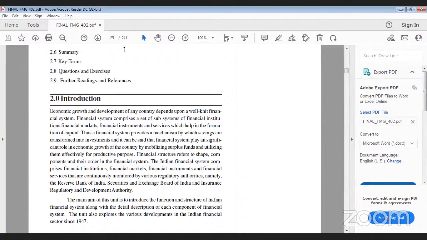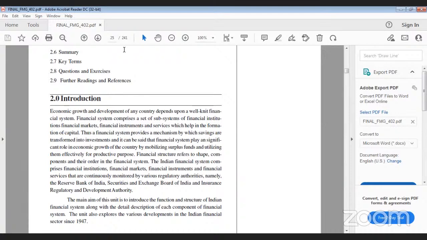Thus the financial system provides the mechanism by which savings are transformed into investment, and it can be seen that the financial system plays a significant role in the economic growth of the country by mobilizing the surplus funds and utilizing them effectively for productive purposes. The financial structure refers to the shape, components and their order in the financial system.